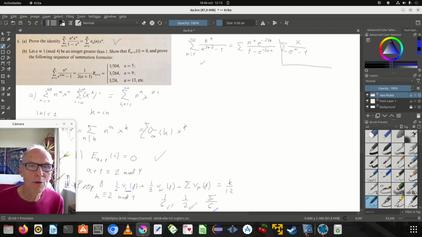So all we have to do is to set x equal to e to minus 2 pi, and then apply this guy. I'll just write it up to check that we do have the right thing. We are summing from n equals 1 to infinity, n to the a, x to the nth divided by 1 minus x to the nth.